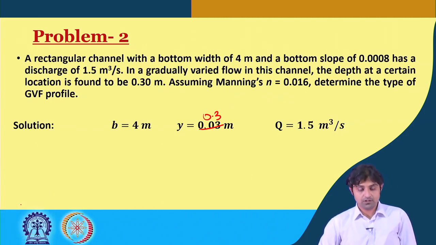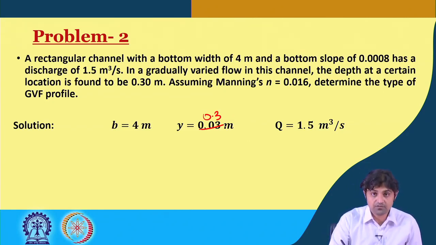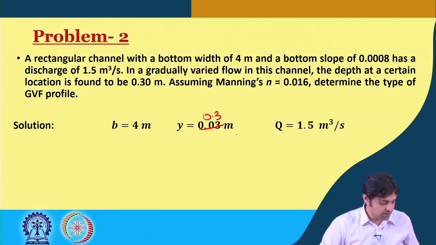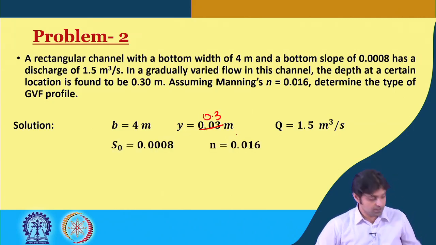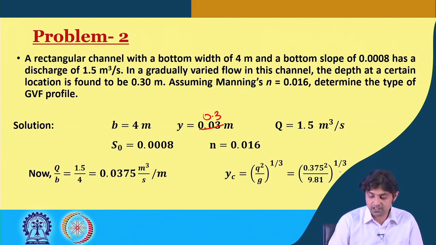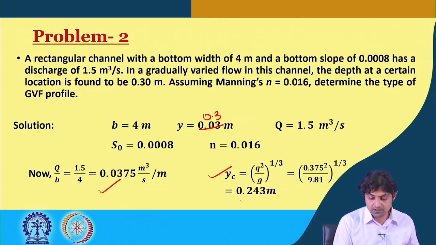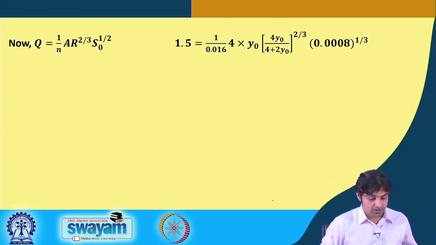All right. So, similarly we have this again a typed solution available. I think I will just correct this one when I provide you with the course material. So, these are the things that were given. Similarly, we have calculated small q and the critical depth is calculated like this. You see, small q has been calculated the same way, and it came out to be 0.243 meter.